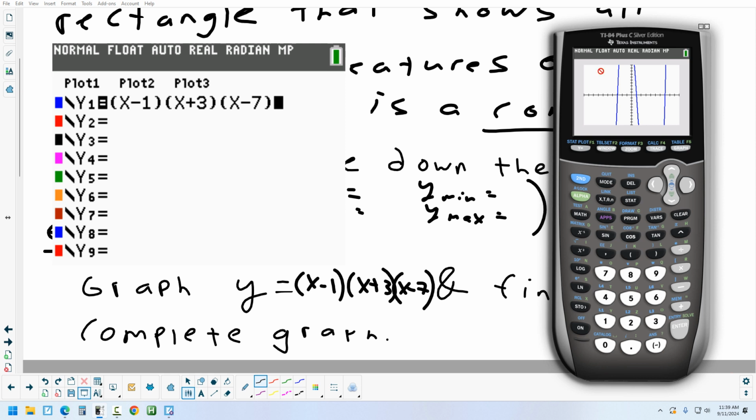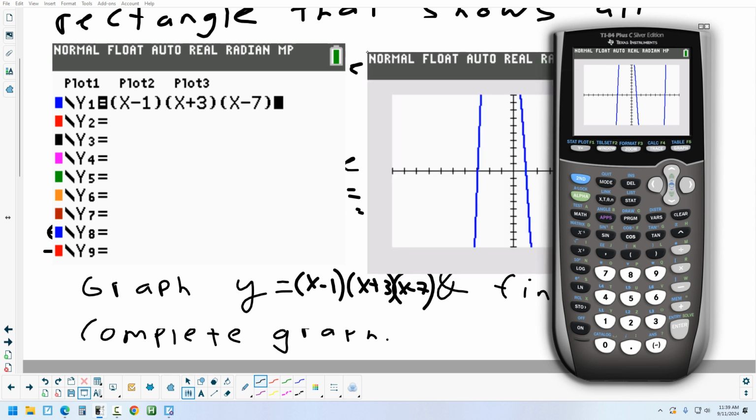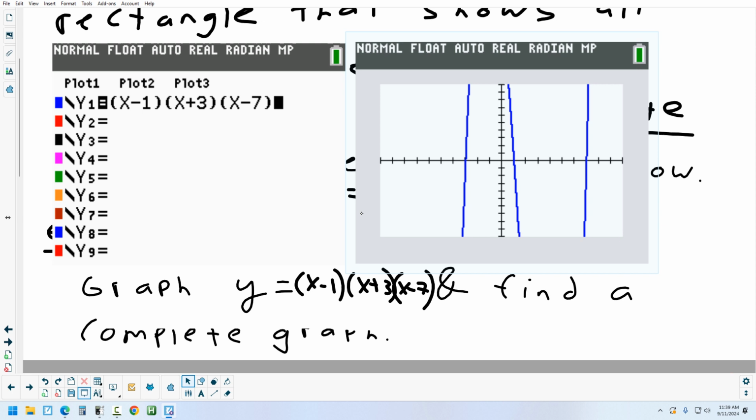So what I'm going to do is look at this graph, and I'm going to make a vertical line, just as kind of a tool for me to use. And I'm going to put it about right there. So this graph comes down.